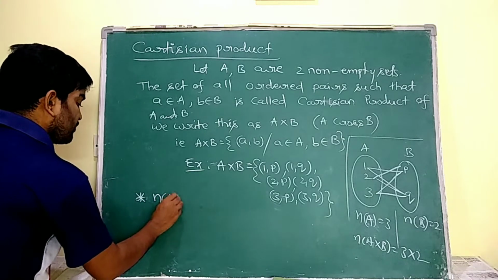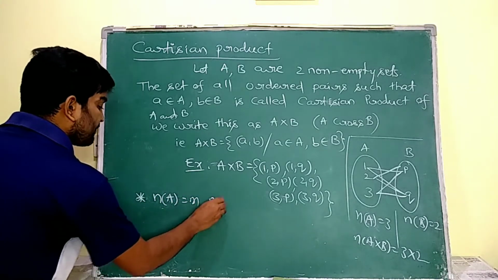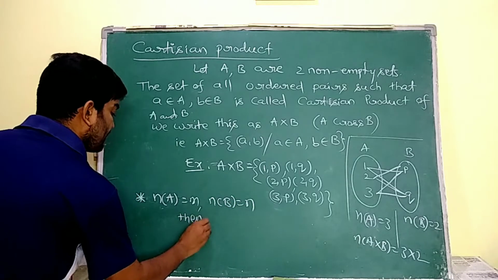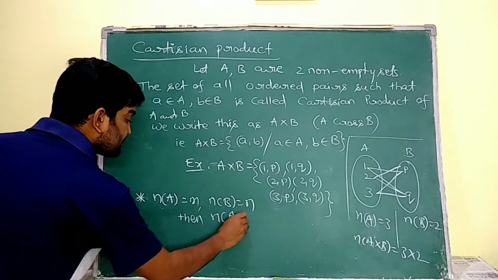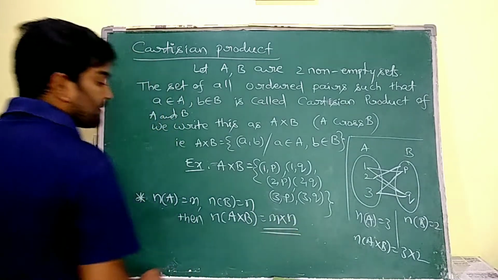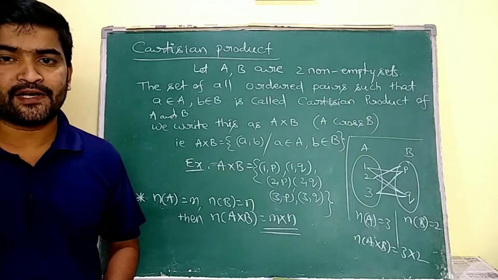If n(A) equals m and n(B) equals n, then n(A cross B) equals m into n. So the number of elements in A cross B is m into n.